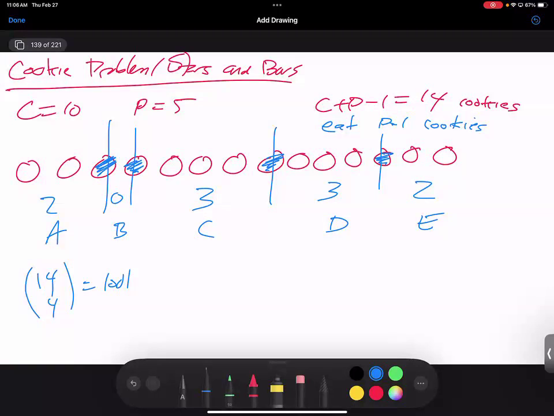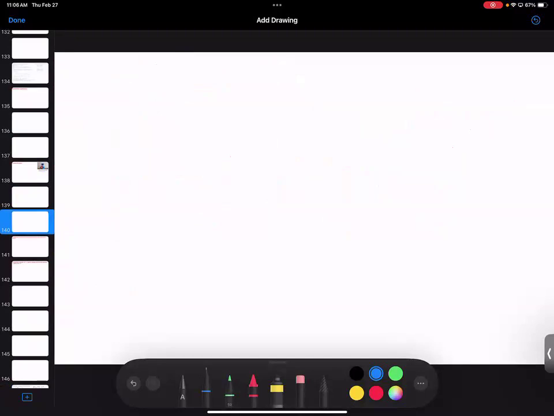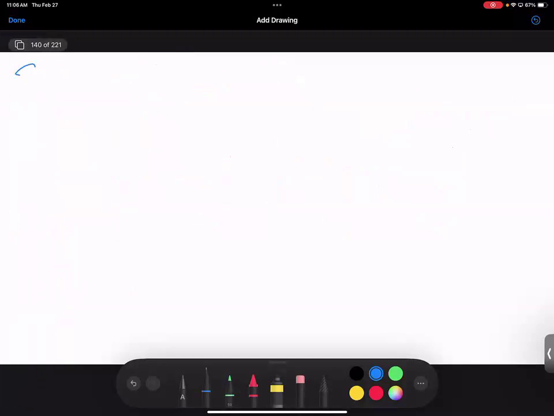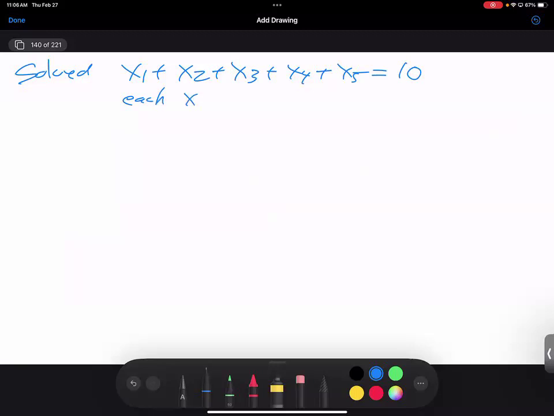So what we've really done is we've solved x1 plus x2 plus x3 plus x4 plus x5 equals 10, where each xi is a non-negative integer.